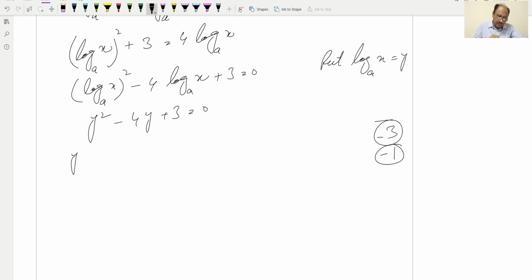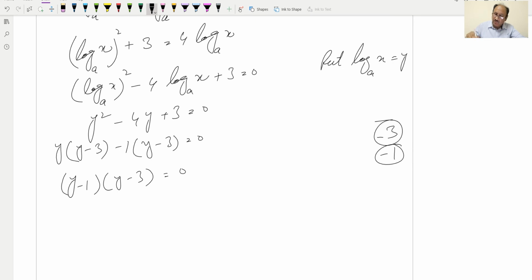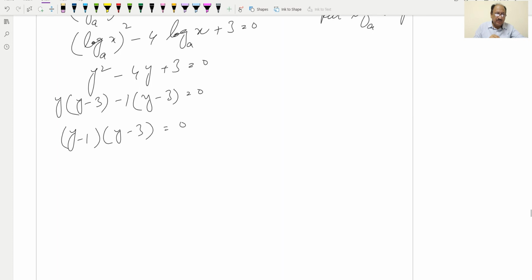So we can write y minus 1 and y minus 3 is equal to 0, and the intermediate step will be y into y minus 3 minus 1 into y minus 3 is equal to 0. And now we can write it as y is equal to 1 or y is equal to 3. These are the two values.